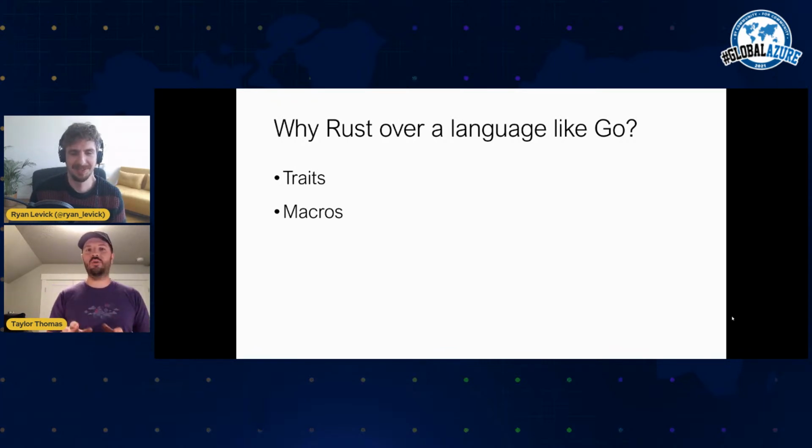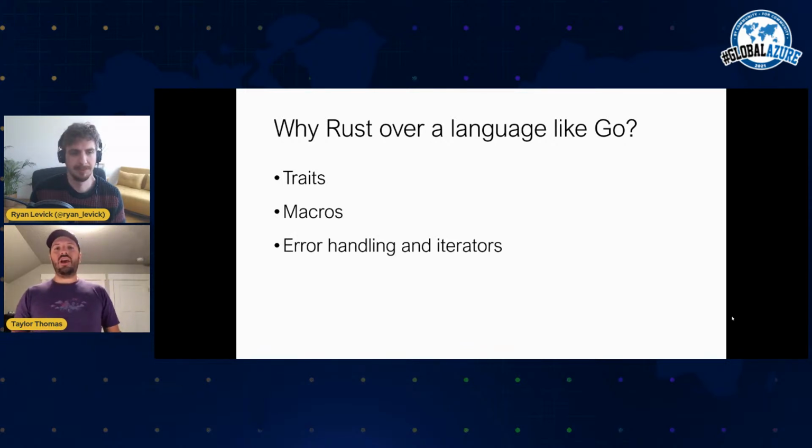It makes code so nice to write, and particularly in a cloud environment, just because you're interacting with so many APIs and so many different things, the combination of traits that let you reuse a bunch of code with ease, and then macros that allow you to generate code without having to store a bunch of weird things, like what happens with Go and Kubernetes. We'll show some examples of that in a little bit.